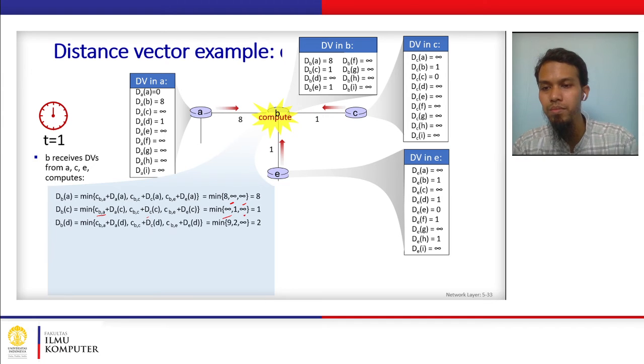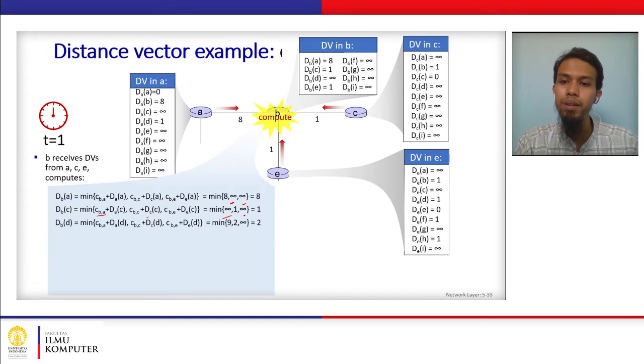Now we find new information, which is the cost of the path from B to D. From A, B knows that the cost from A to D equals 1, and the cost from B to A is 8. So the cost from B to D, if we go through A, equals 8 plus 1, which is 9.